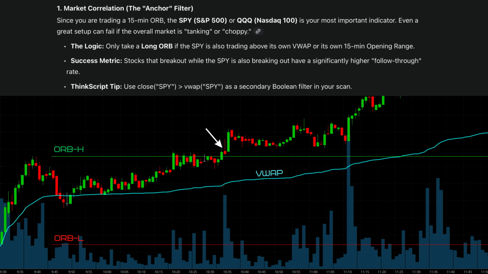The logic: only take a long ORB if the SPY is also trading above its own VWAP or its own 15-minute opening range. Success metric: stocks that break out while the SPY is also breaking out have a significantly higher follow-through rate. ThinkScript tip: use close("SPY") > VWAP("SPY") as a secondary Boolean filter in your scan.